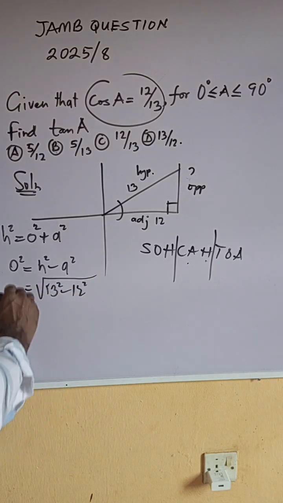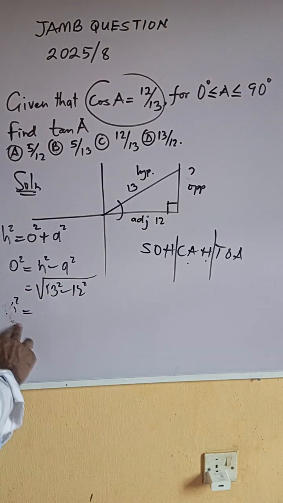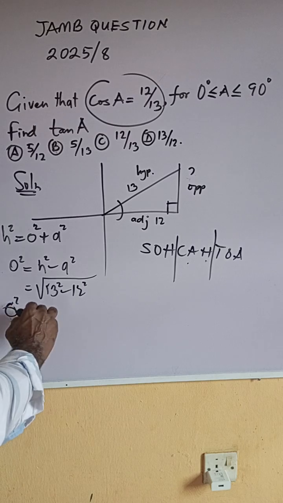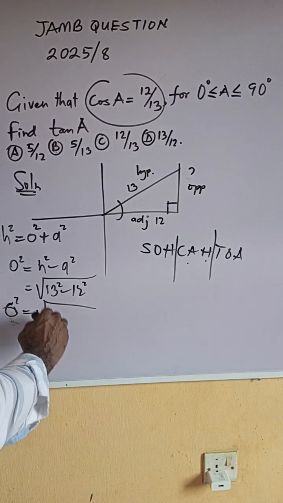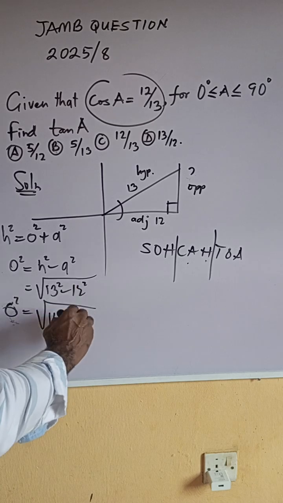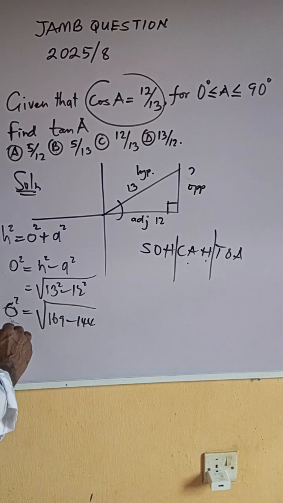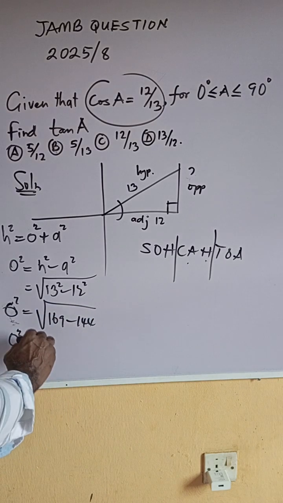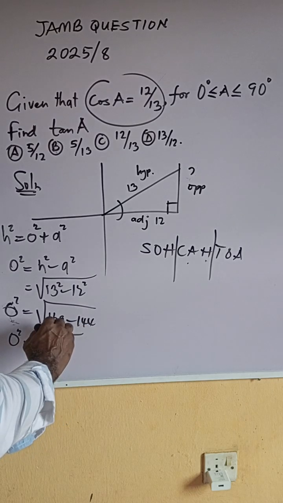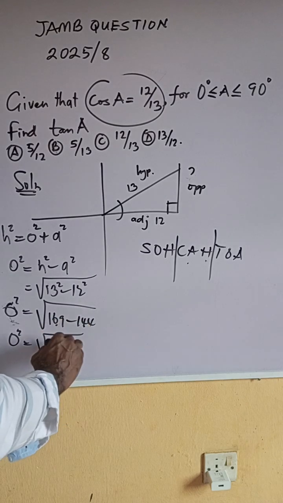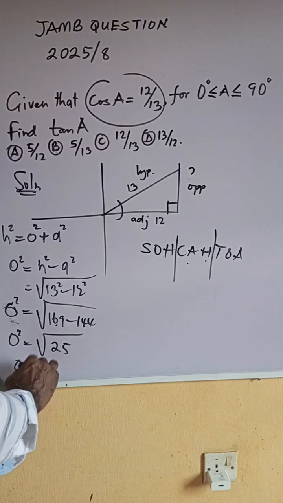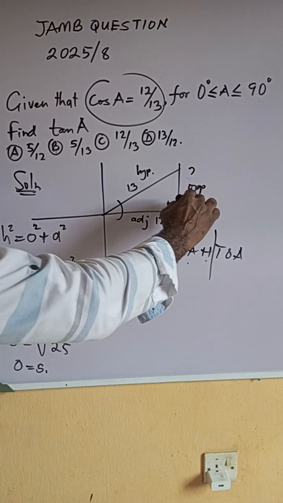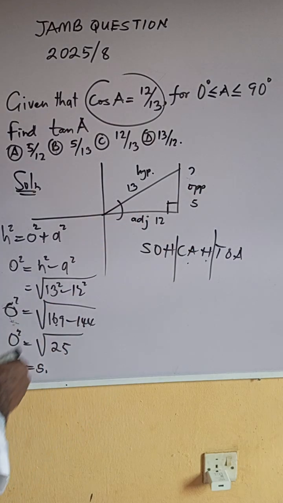So that o square, that is opposite square, is equal to 169 minus 144, which is obviously 25, so that o will now be 5, okay? So opposite is now 5.